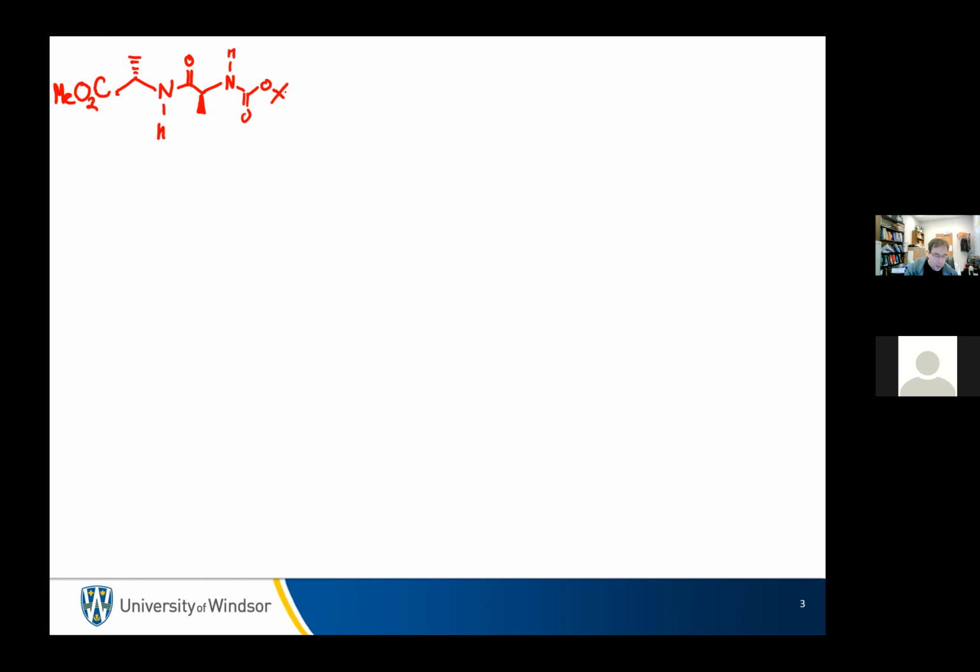So we get that. Now if I deprotect that, and we'll talk about how to do this in a moment when we talk about the different deprotecting groups, I'm going to use trifluoroacetic acid. It's just a very acidic version of acetic acid. Then the Boc group is going to fall off. It's not going to touch anything else in the molecule.